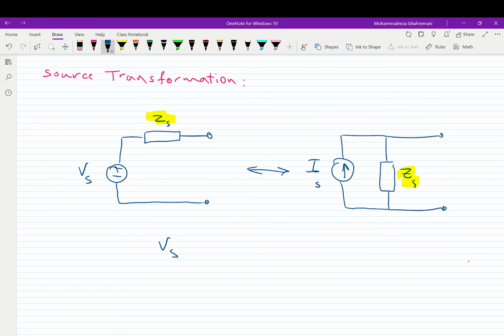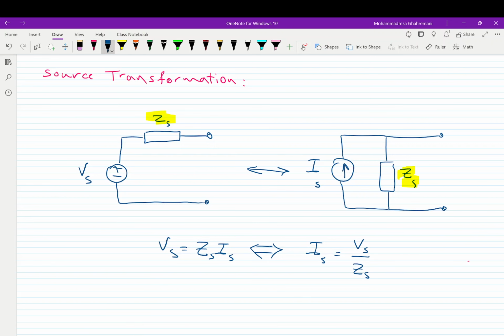Vs is equal to Zs Is, and Is is equal to V sub S over Z sub S. All of these values are in phasor.